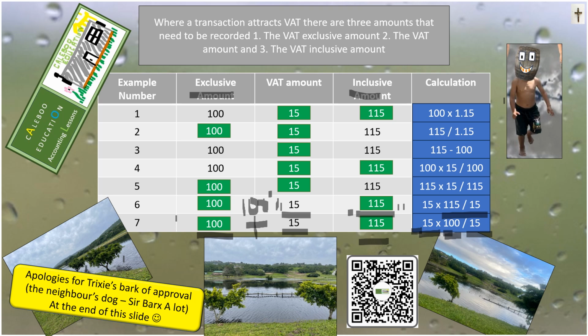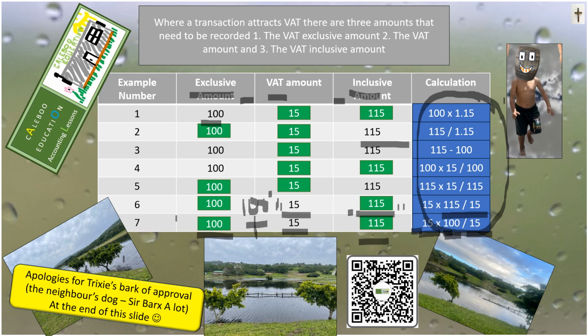So in this demonstration here, I've used these calculations in order to calculate the exclusive amount, the VAT amount, the inclusive amount when we're given different amounts. In the first example, we were given the exclusive amount. In the second example, we were given the inclusive amount.